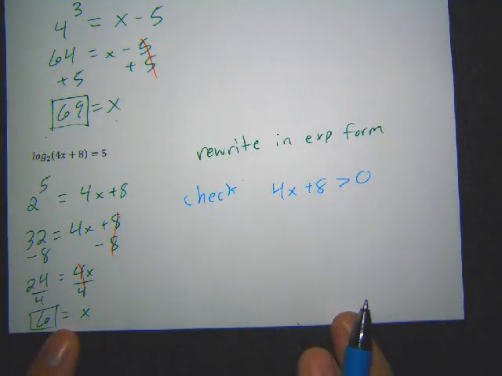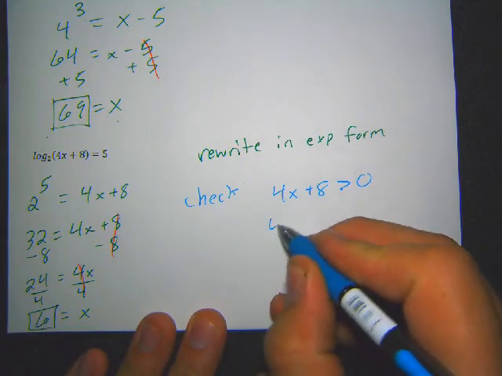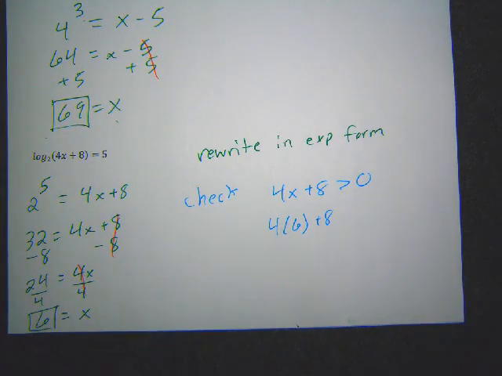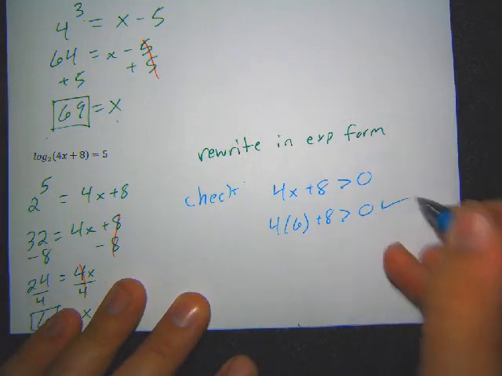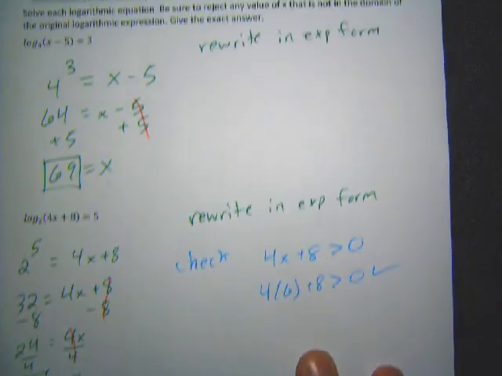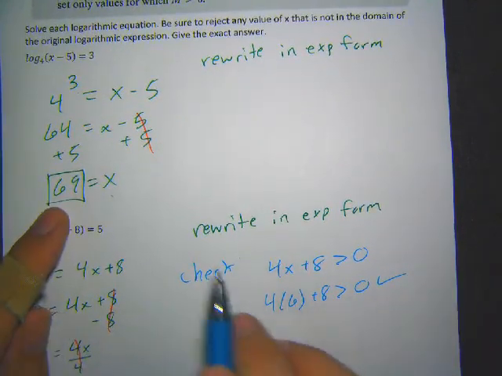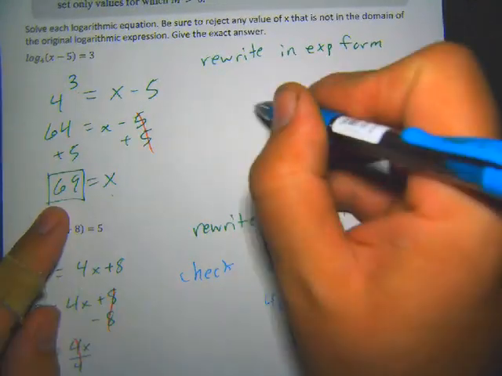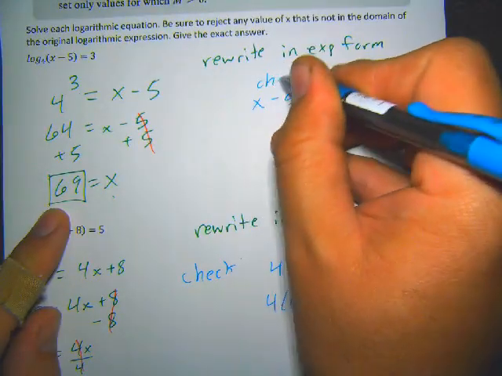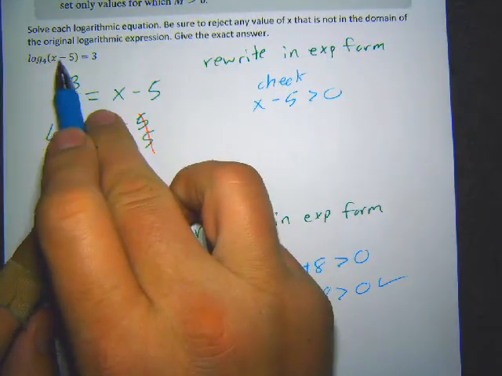So if I see x is 6, I'm going to plug that in here and I get 4 times 6 plus 8. I want to make sure that is positive. Well, positive times positive plus positive is positive, so it is greater than 0. So we are okay for this one. So yes, this one checks out. Like I said, it doesn't really affect these problems. Same thing up here. I check the 69 and plug it in here to see that x minus 5 is greater than 0. I'm just looking for the stuff inside to be positive.